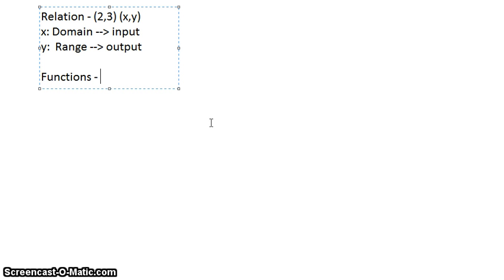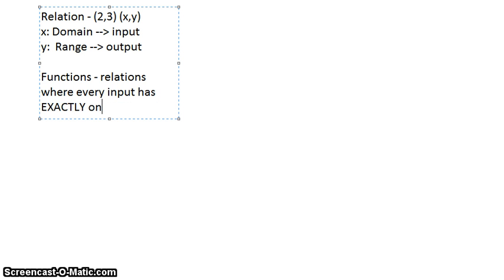Now, the special type of relation we're looking at here are functions. And functions are relations where every input has exactly one output. Okay? So you're looking at things where there's only one outcome for something. So like when you throw a ball, its position at any one particular point in time. If time is your input, then its position would be the output.